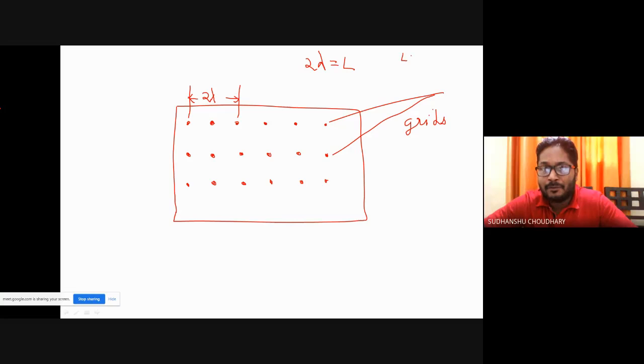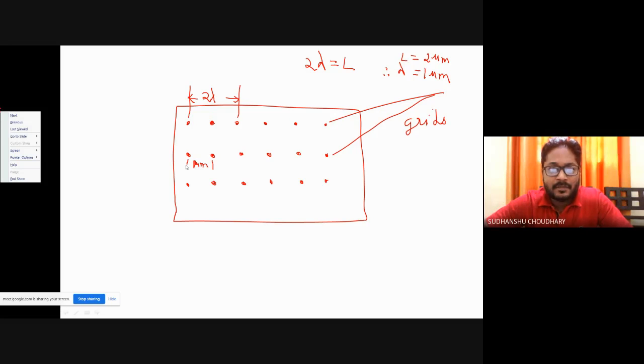Let us say if L was 2 micrometers, then lambda is equal to 1 micrometer. That means each spacing between the grids is equal to 1 micrometer. That is, I'll say this spacing is 1 micrometer. That means this 2 lambda is 2 micrometers, and the spacing between the two grids is 1 micrometer.